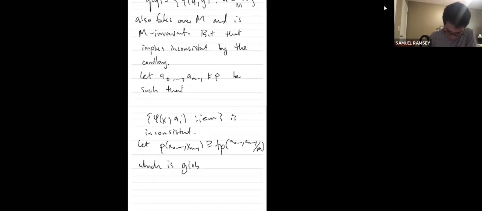We know that this collection of formulas is inconsistent, so I can take a finite subset that is inconsistent. That looks like this. Then let p in the variables x_0 through x_{m-1} be an extension of the type of a_0 through a_{m-1} over m, which is global m-invariant.